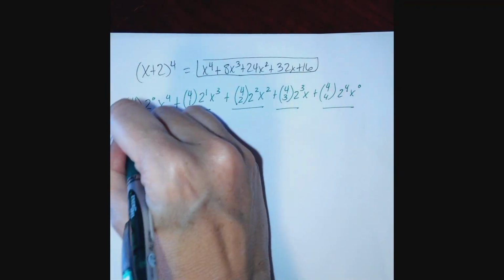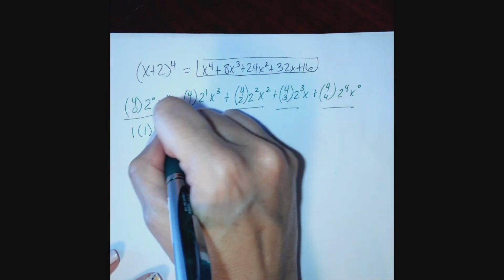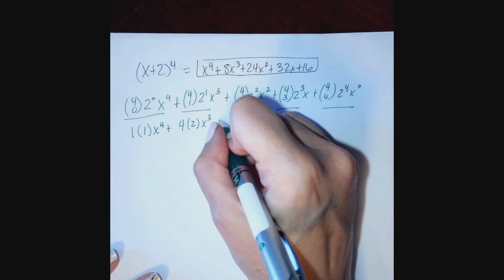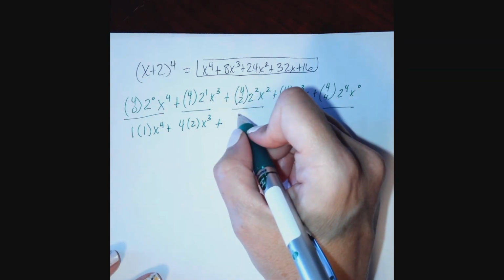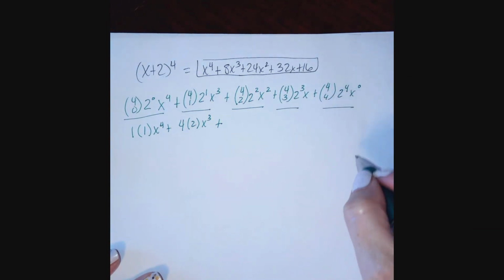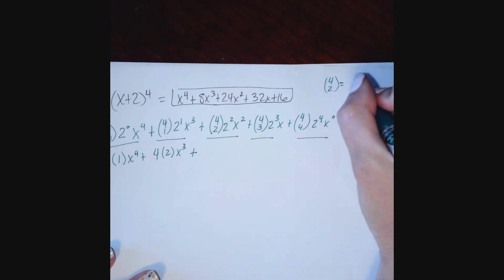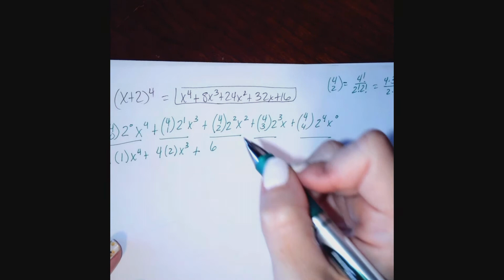4 choose nothing is 1, 2 to the 0 is 1, and I have x to the fourth, plus 4 choose 1 will be 4 times 2 times x cubed, plus 4 choose 2, if I need to do a little bit of work here, let's kind of go off to the side maybe up here, 4 choose 2 would be 4 factorial over 2 factorial 2 factorial, which is 4 times 3 times 2 factorial times another 2, gives me 12 over 2 is 6, or I could have used my Pascal's triangle.